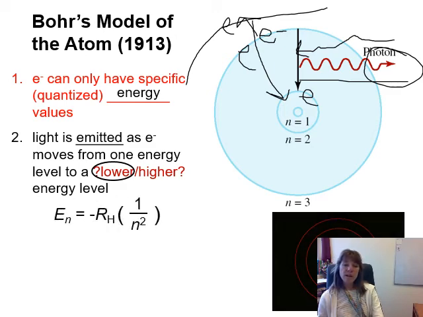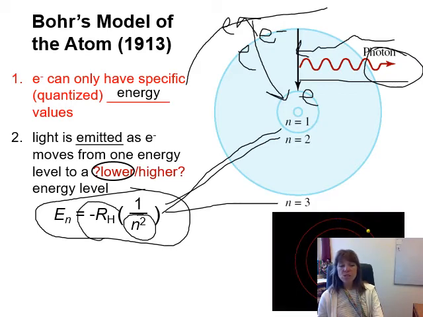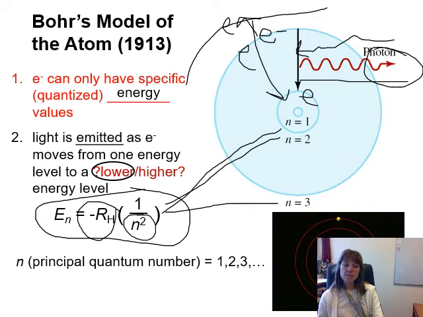Now the energy value here, in Bohr's theory, has to do with where the electron is. This n value is either n equal 1, n equal 2, n equal 3, or whatever. And this R_H is called the Rydberg constant, which is a constant that has to do with optics. It was discovered through the study of light.